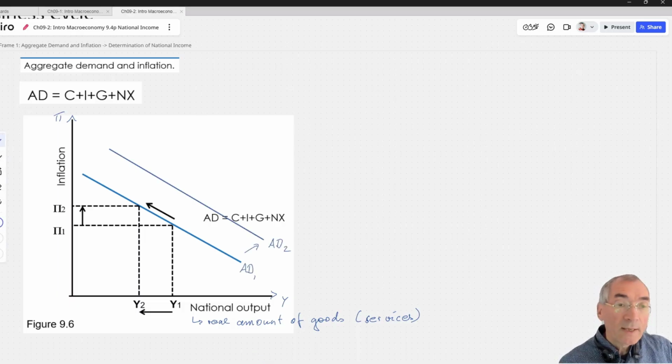If we had an AD, aggregate demand number 1 before, now there is a change to aggregate demand number 2, which means that at the same price level, we're always talking about the price level here, not individual prices for goods, people buy more if there is this exogenous change.